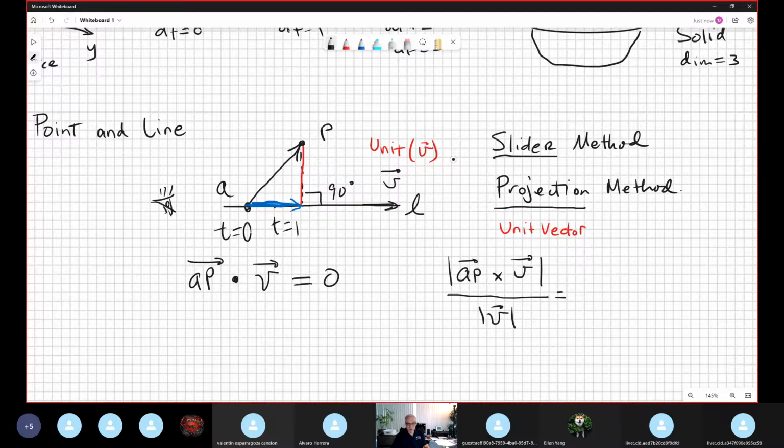Because I know very well the cross product is the multiplication of the two vectors. So this is the famous theta, the angle, right? And this is somehow connected by sine theta. Sine theta.